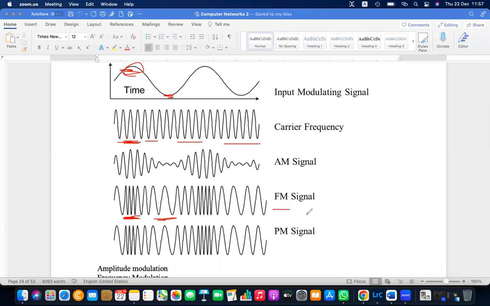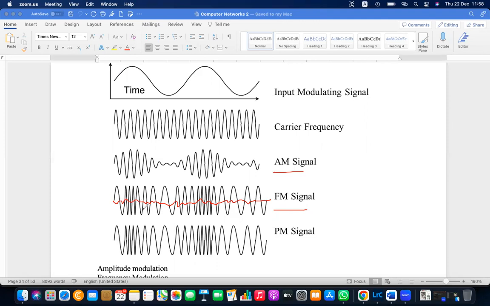This is the popular one. Even though FM is not that much easier than AM, once the FM signal is created, the noise present will not affect it that much, because noise is anyway present in the channel. Noise is the unwanted background signals, and in every channel you can see noise.